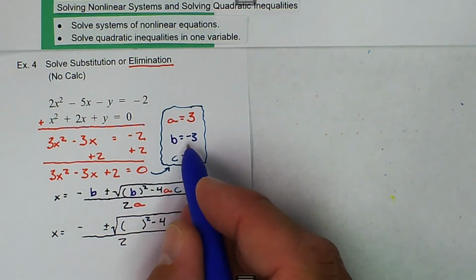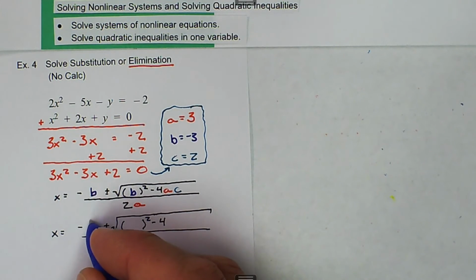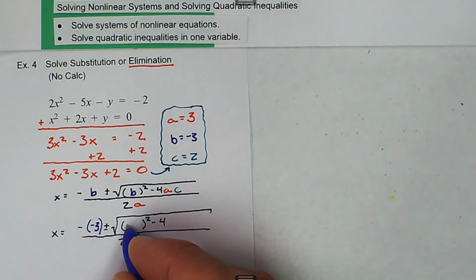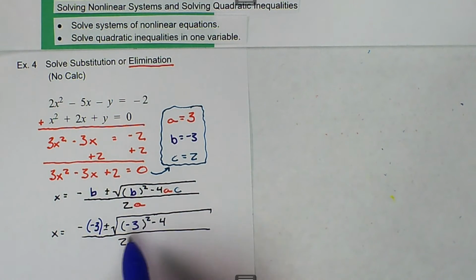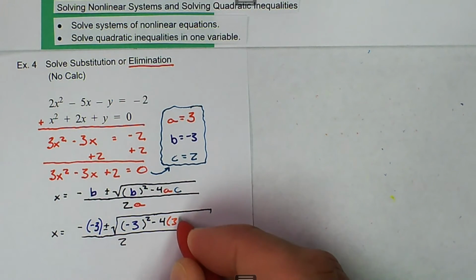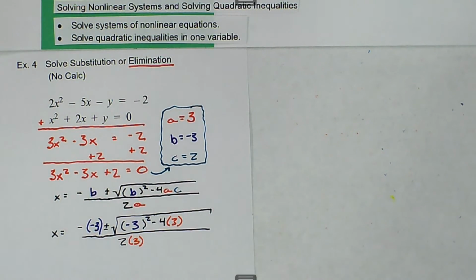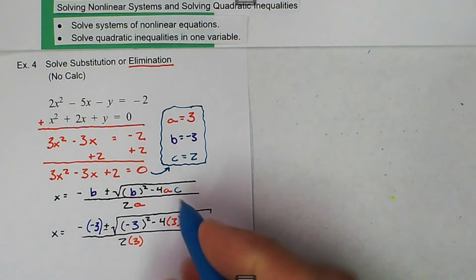So b, this is a negative already, and there's a negative, so that's why I like to put the parentheses there so I don't forget negatives. And the parentheses is important here, especially if it's a negative, because we want to square the negative and the 3. And then the a is going in next to the 4, so we have 4 times 3 and 2 times 3, and then the c value is at the end here.